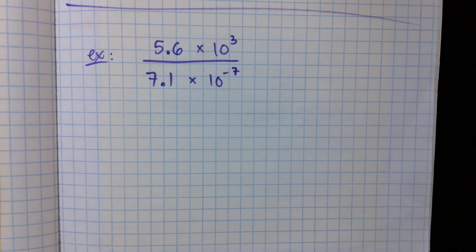We move the decimal, which is good. Does my power stay the same when we move it? Okay. So when we're doing our exponents, we're subtracting downward, and we already have a negative. So it's 3 minus negative 7.